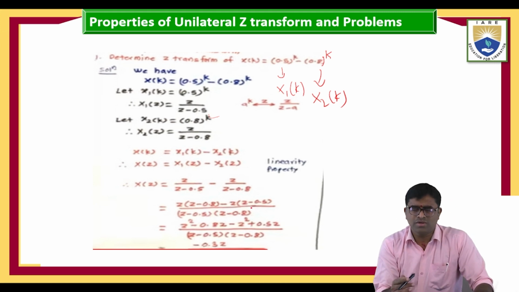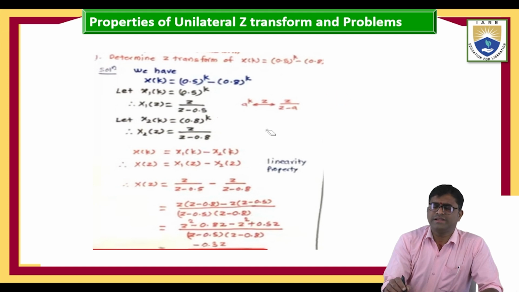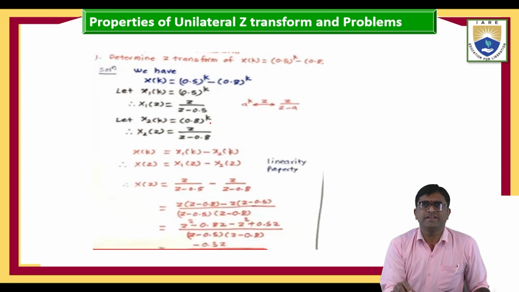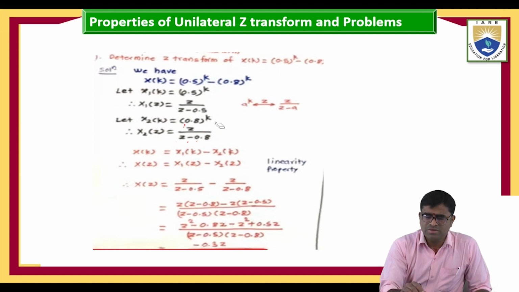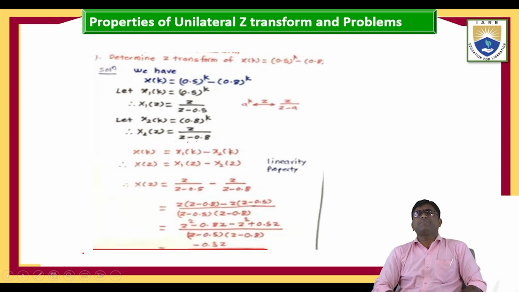Similarly, for the second one, x2 of k equals 0.8 to the power k. If you apply the z transform, x2 of z equals z by z minus 0.8. Now coming to the equation, here we take the linear property.